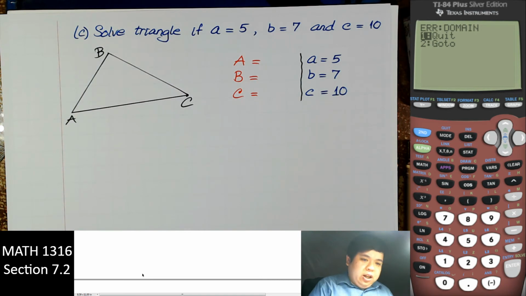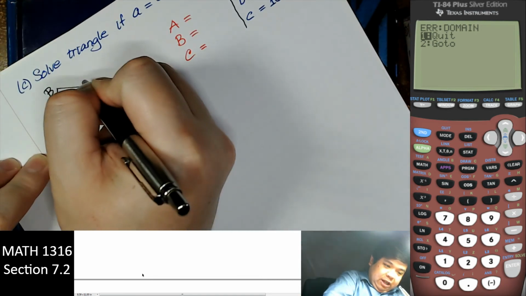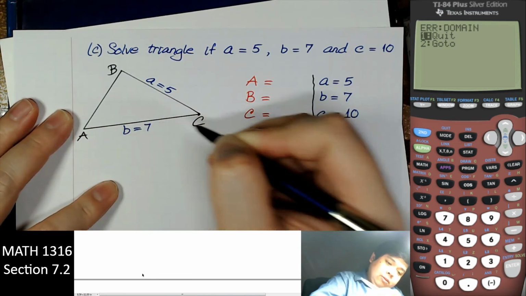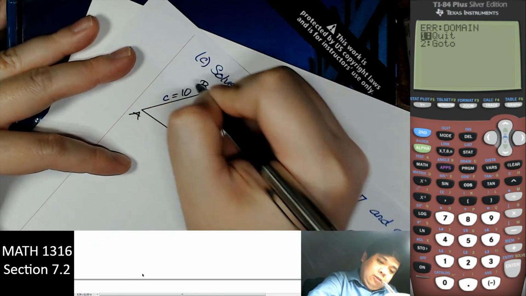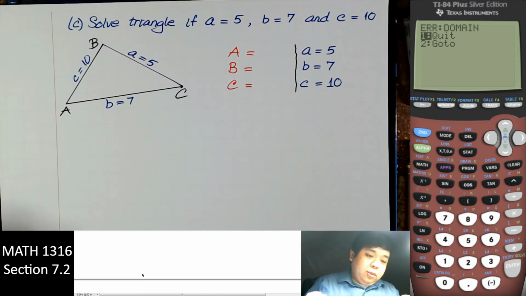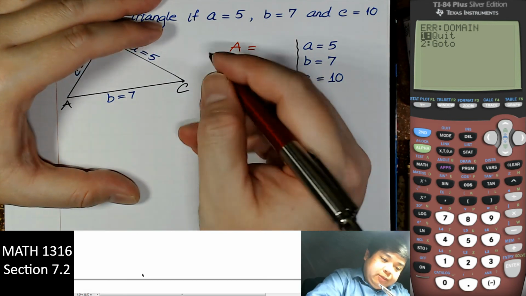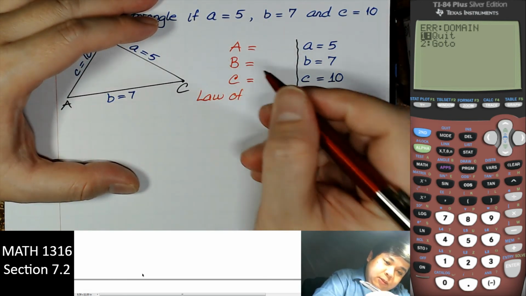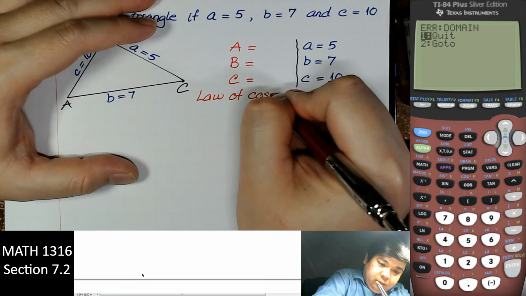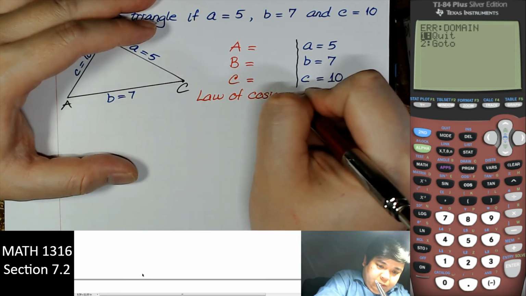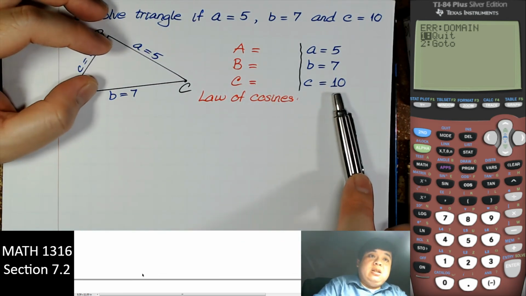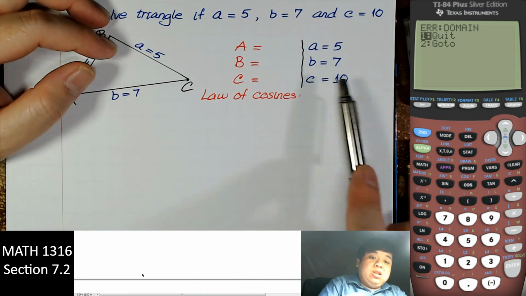Right. Obviously, when we see this, we use the law of cosine. A is 5. So use the law of cosine. And once again, we use the one with the biggest angle, which is opposite to the longest side.